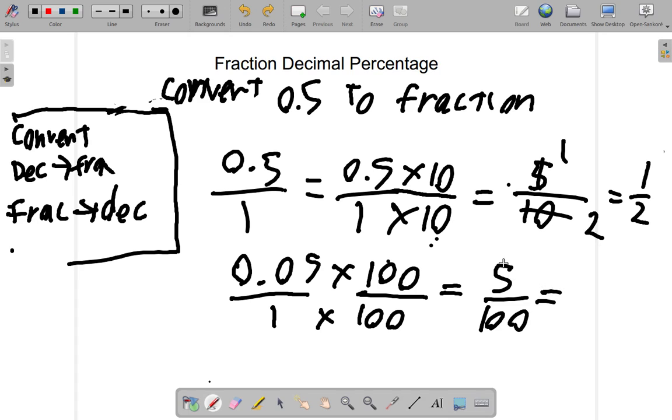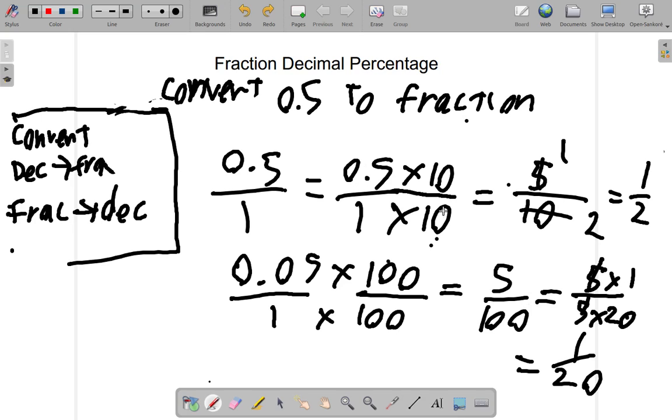Then your fraction is 5 over 100. 5 is 5 by 1, and 100 is 5 by 20. So 5 cancels 5. When you cancel down the 5, you get 1 over 20. So the answer gives you 1/20th. So 0.05 is the same as 1 over 20.